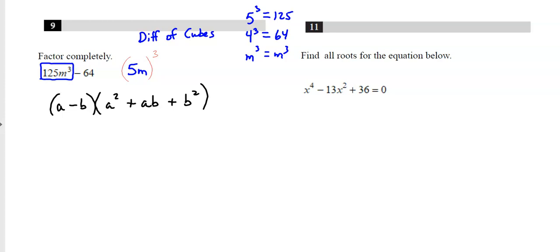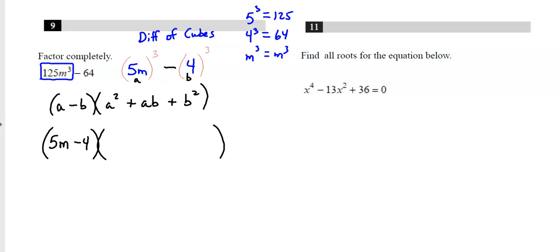And then the next piece, so then I have minus, and I could write this other one here as 4 to the third power. So if we're talking about a and b here, I now have it written in the form where a is 5m and b is a positive 4. So that's my a minus b. I'm just going to plug it in here. So a is 5m, b is 4.